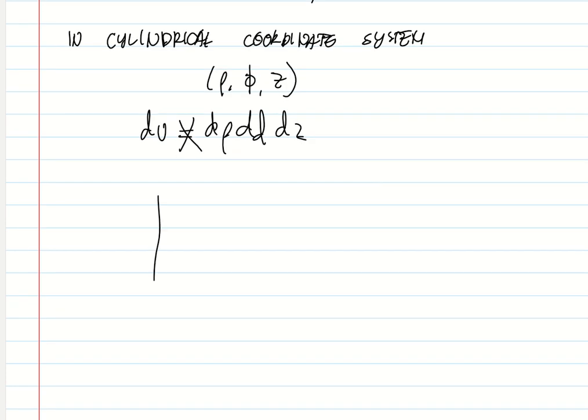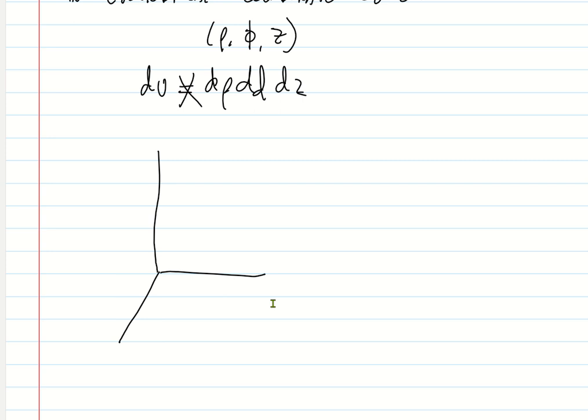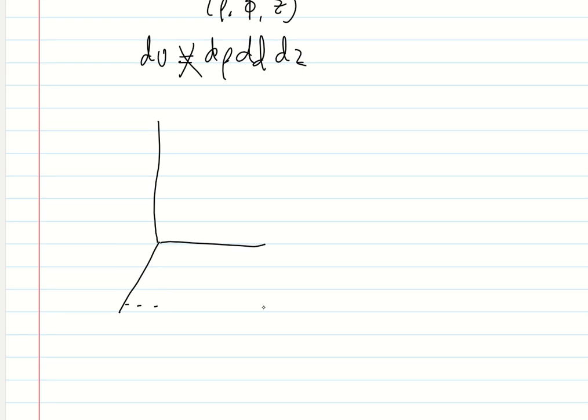or if we graph again our differential volume in cylindrical coordinates. So if this is the cylinder, you take a differential volume from this one. What we do is we just take a very small prism from here.